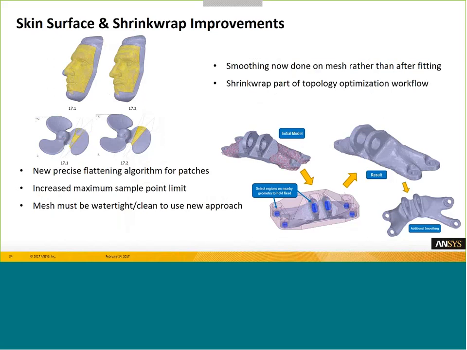We'll touch on this again a little later when we talk about additive manufacturing and topology optimization. But this is part and parcel of the whole process, so we can take a faceted initial model, select the areas we want to retain, do some smoothing, and then get something which looks pretty nice, and then go ahead and carry out our validation step. So some nice changes there in SpaceClaim.